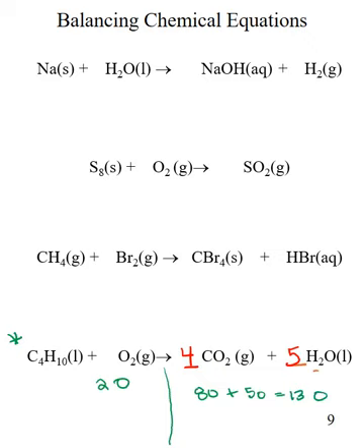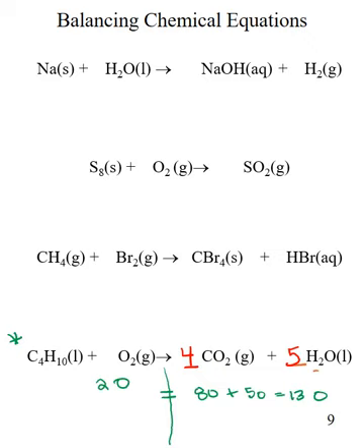When you have odds, this is where it gets challenging. My recommendation is I do a cheat way of doing it. So that means I need to get oxygens on the left to be equal to 13. That's my goal. But how in the world can I, if I have 2, what times 2 will equal 13? It's not a whole number. It's a fraction.